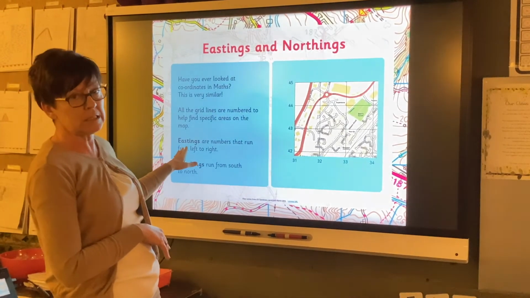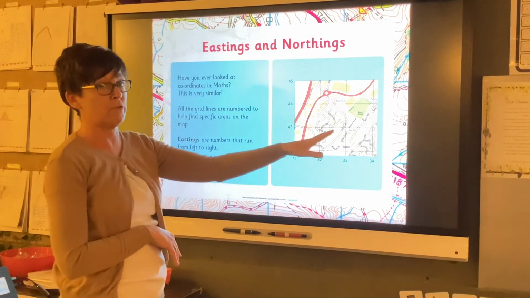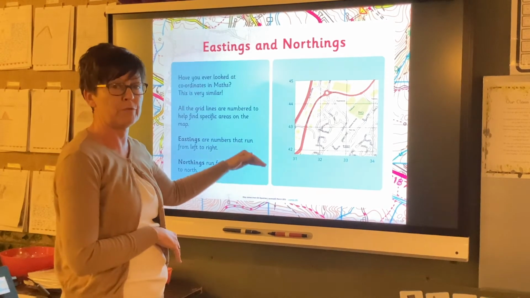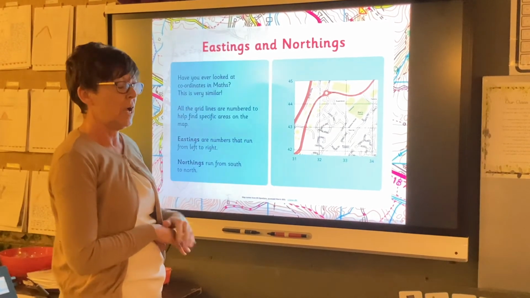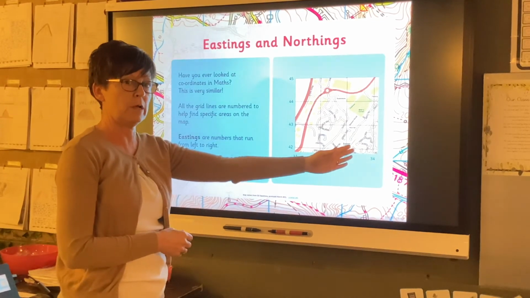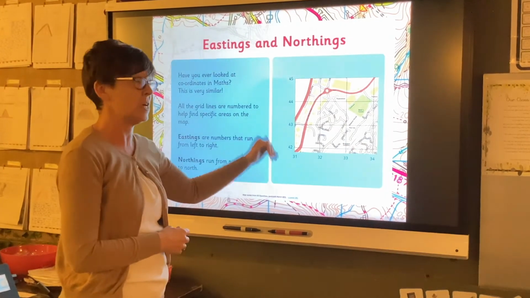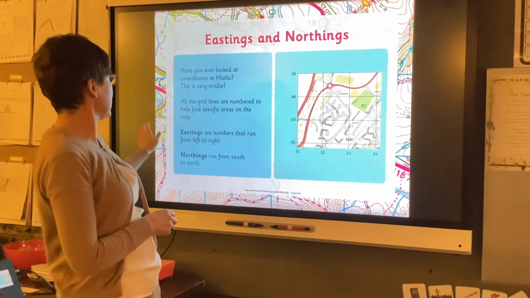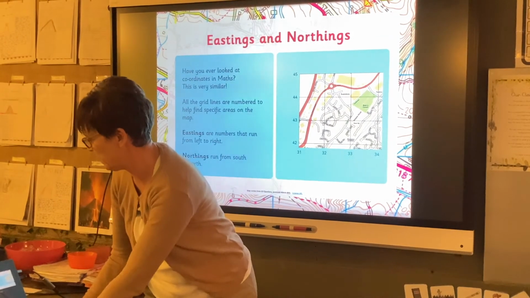The eastings on the map are the ones that run across from left to right, and the northings are the numbers that run from bottom to top. And the way that you would read a map then would be across the eastings first, and then up the northings afterwards.